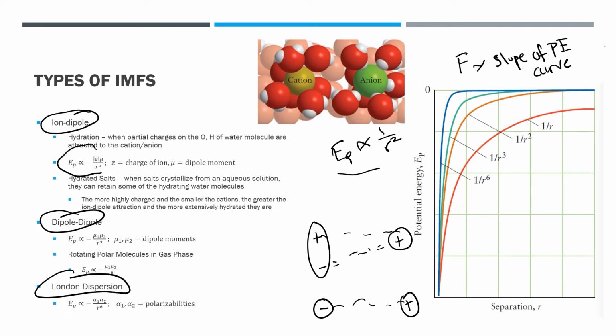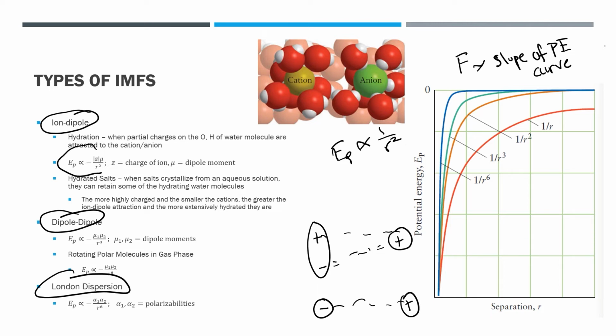So that should make sense why our r in the denominator is to a higher power, making it a weaker attractive force, right? So that's what this means. 1 over r squared is a weaker attractive force than just a purely ionic interaction.